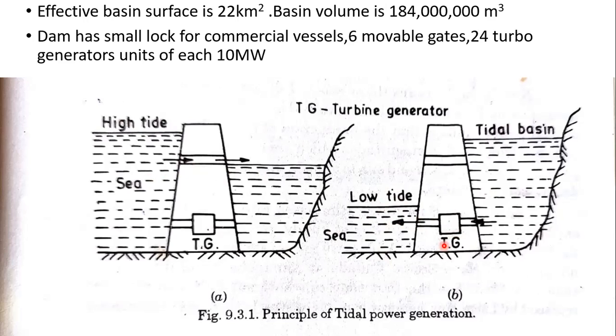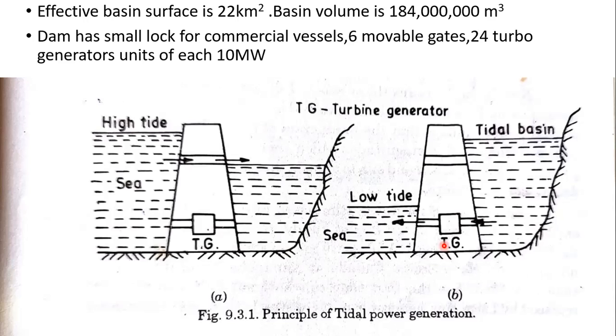Observe that this dam contains a small lock for commercial vessels. There are 6 movable sluice gates, movable meaning up and down, and 24 turbo generators, each generator unit having a capacity of 10 megawatts.